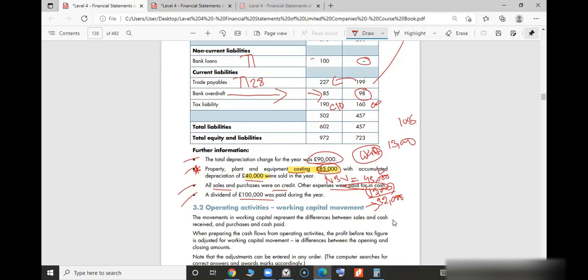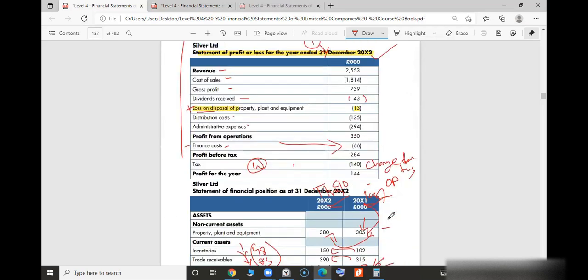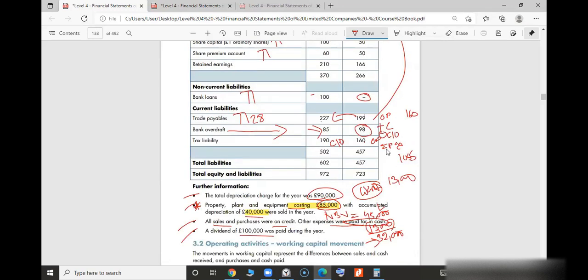Or let's make it faster. We said opening tax plus charge less closing, you get tax paid. Now opening is 160. Charge for the year is from the income statement. How much is it? 140. 160 plus 140. Less closing is 190. How much did you get?